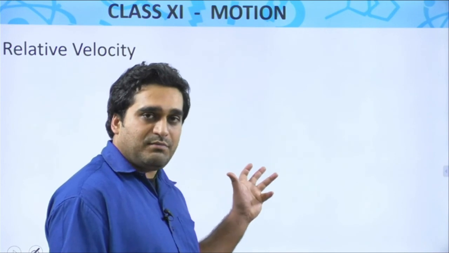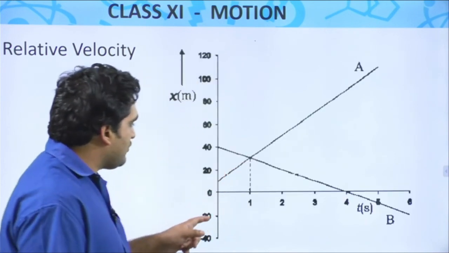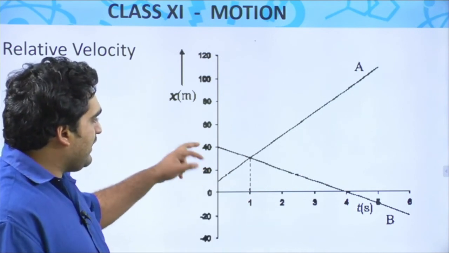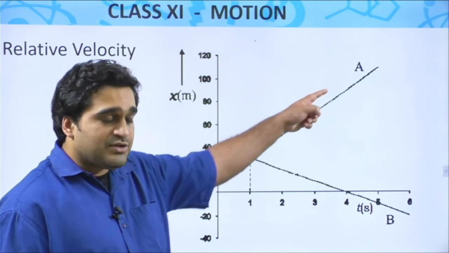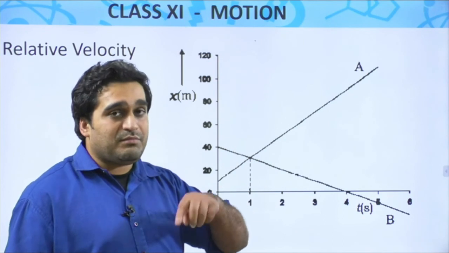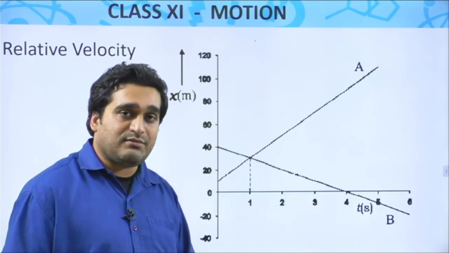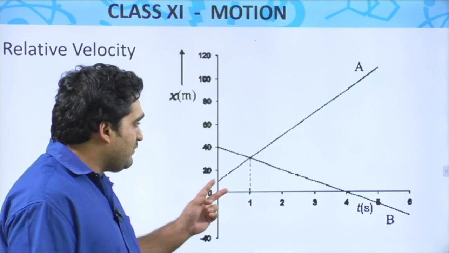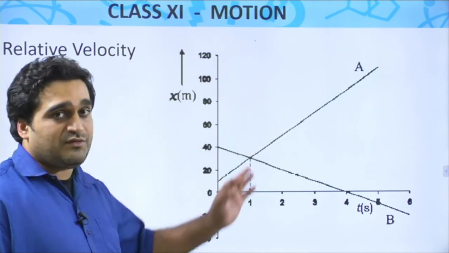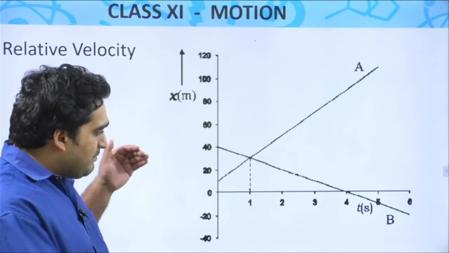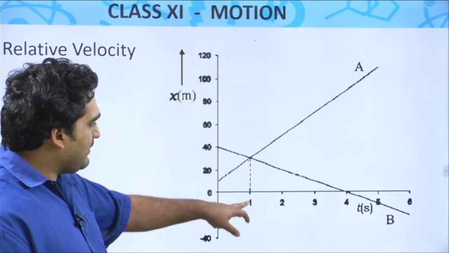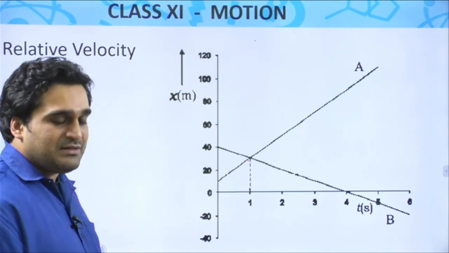Can this be represented by a graph? Certainly. You have a graph again of x and t. The direction of one train is positive, the direction of the other train is negative. Recollect that in the previous case, when two trains were moving along the same direction, both of them increased in the positive direction. Now since they're passing in opposite directions, they meet at a single point at a given time, in this case 1 second.